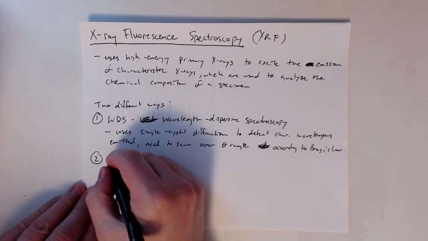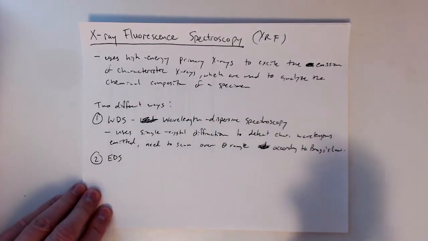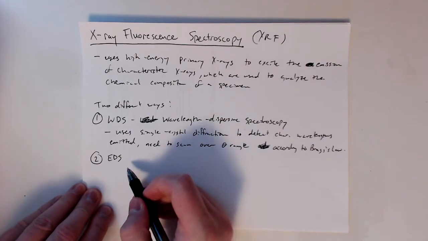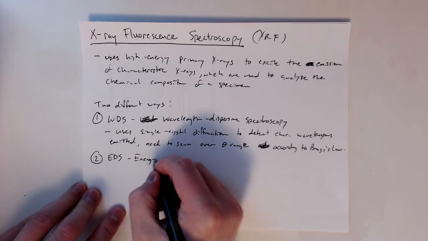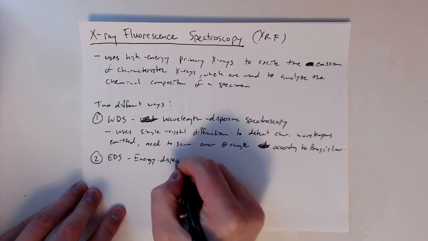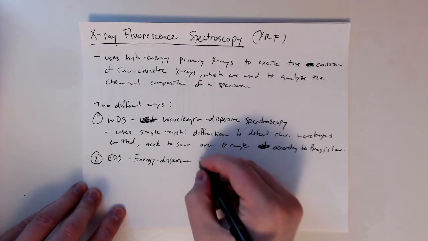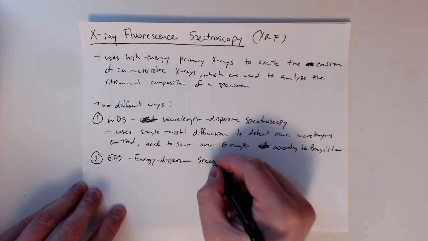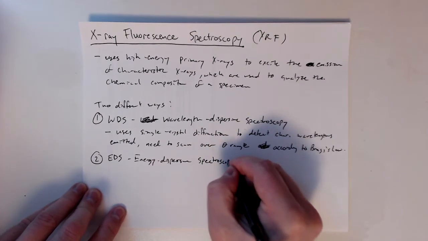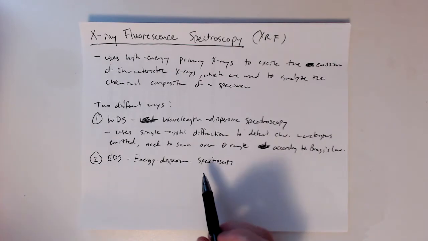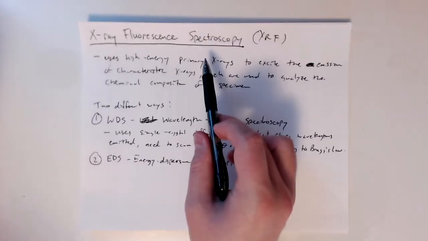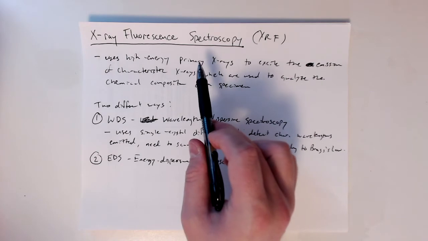So the second one is EDS. This is the more common one I talked about last time. This is energy dispersive spectroscopy. And when we're talking about X-ray fluorescence, X-rays are the primary beam.